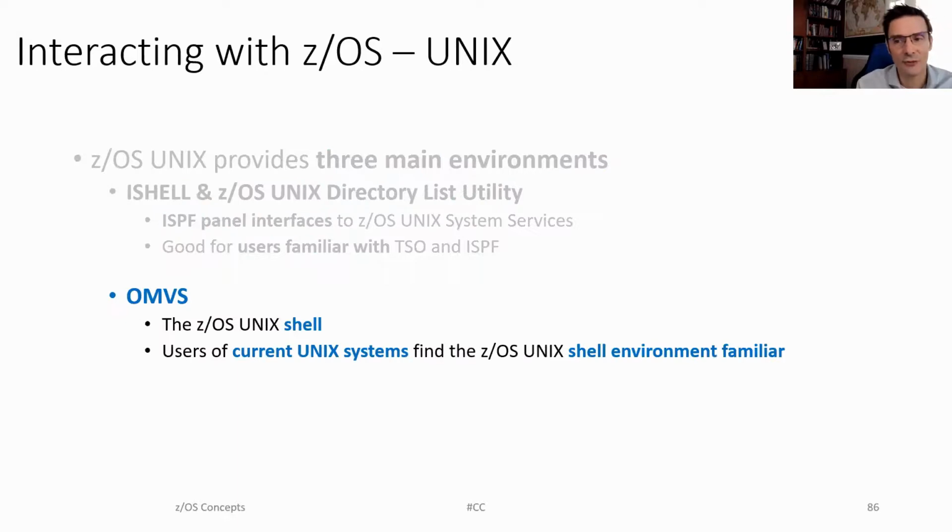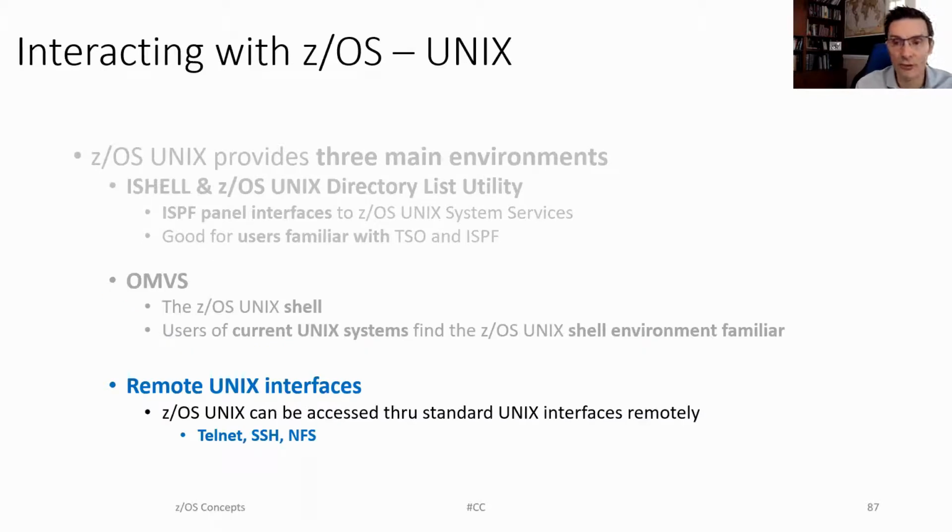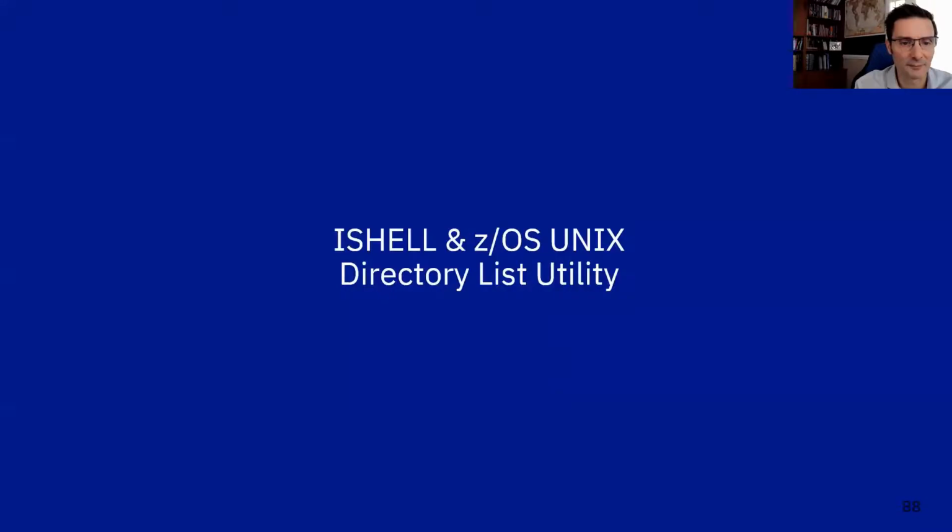You can access it through something called OMVS, which is a zOS Unix shell, and you can also use remote Unix interfaces. We'll talk briefly about all of them because there are a lot of applications on zOS that have a Unix component to them, or that use the ZFS file system to have Unix files.